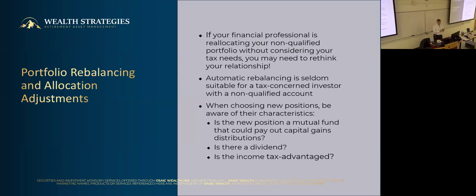Is there a dividend? Is it likely going to be a qualified dividend? Because if it's an actively traded dividend fund, they might never be qualified. They might always be ordinary. If it's a passive dividend fund, they might be more qualified. Is the income tax advantaged, like the qualified dividends I just mentioned, or are they municipal bonds or treasury bonds? Do we know what the tax consequences of the income are going to be? That's what we want to know.